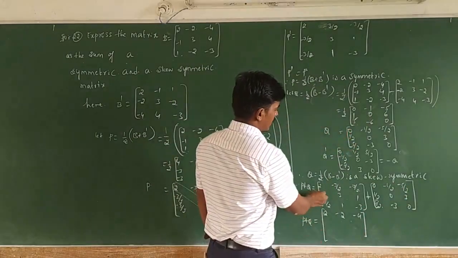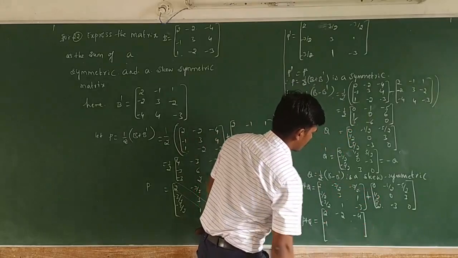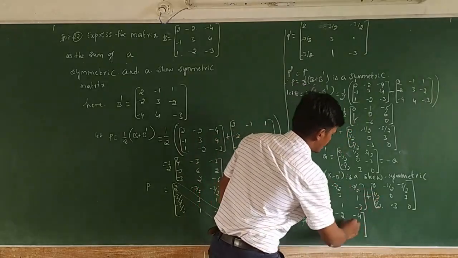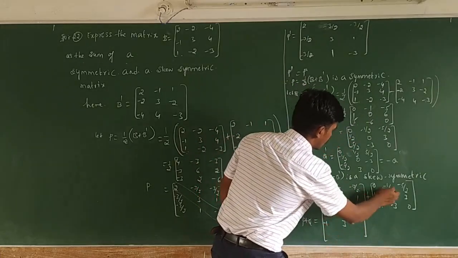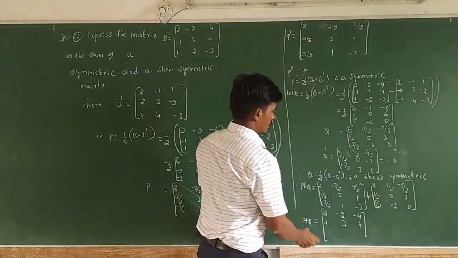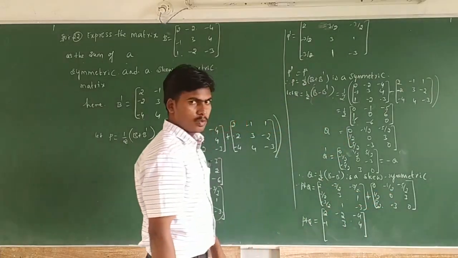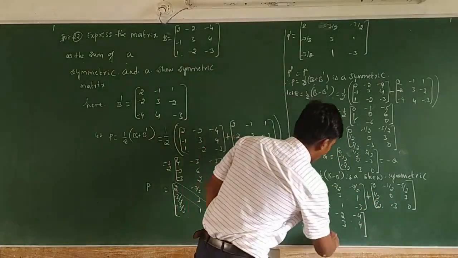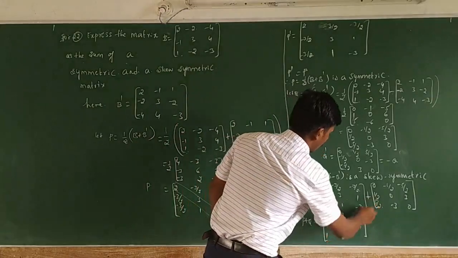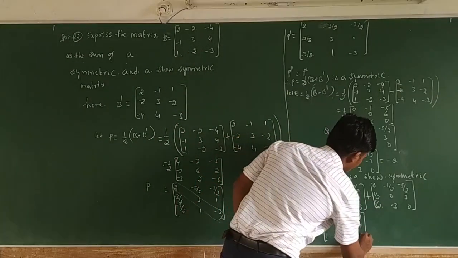Then -3 plus 1 is -2/2, -1. Then 3 plus 0 is 3. 1 plus 3 is 4. Then -3/2 plus 5/2 is 2/2, it is 1. Then 1, -3 is -2, -3, 5 plus 0, -3.